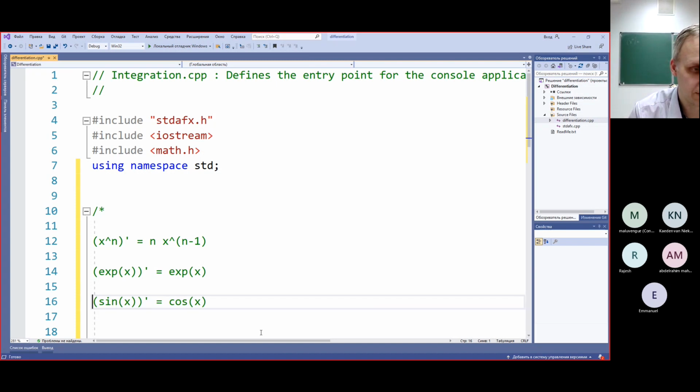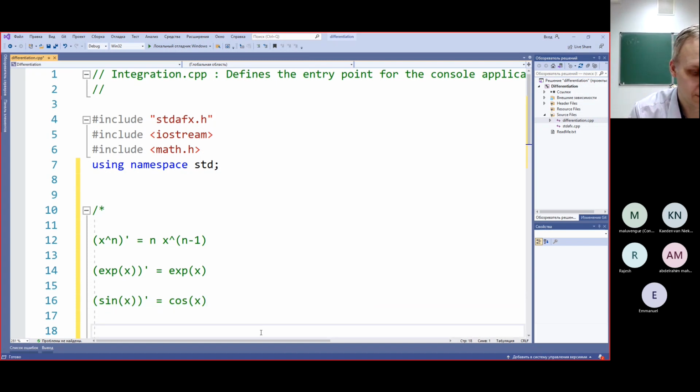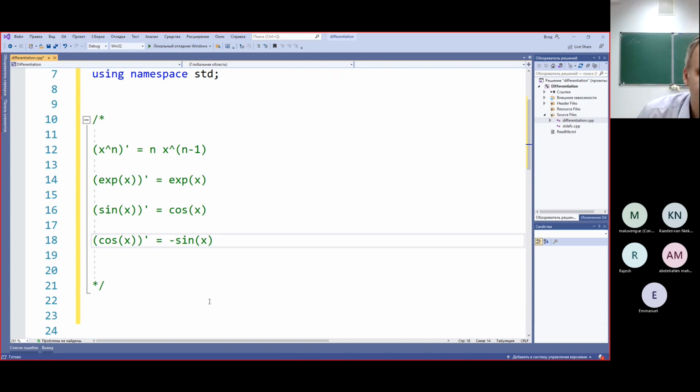Derivative of cosine is sine, with minus, of course, with minus.